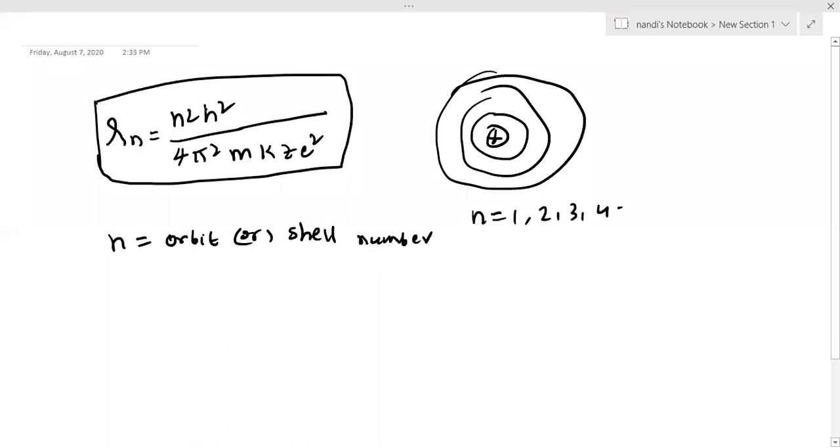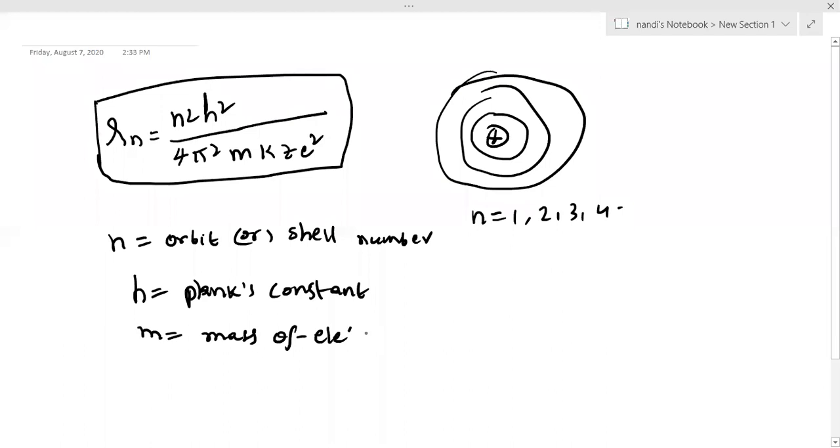H equal to Planck's constant. 4 is constant, pi is constant, m equal to mass of electron. K is a constant, and that value also I am going to give.